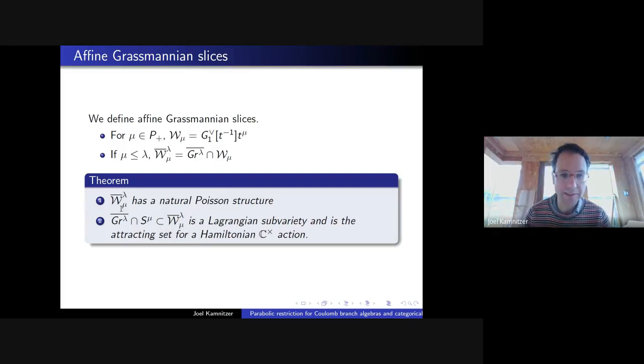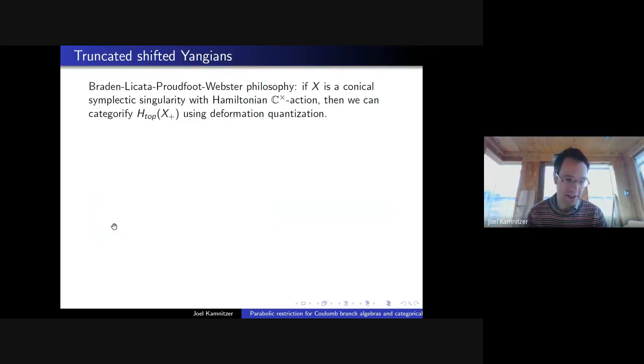So why do we like this? Well, one reason why we like this geometry is because of this philosophy, due to Braden, Licata, Proudfoot, and Webster. If we have a Poisson variety, more specifically a conical symplectic singularity, and this W lambda mu actually is a conical symplectic singularity, with a Hamiltonian C star action, then X has a unique fixed point for this Hamiltonian C star action, and X plus denotes the attracting set of that fixed point.